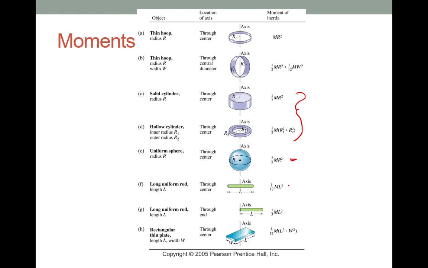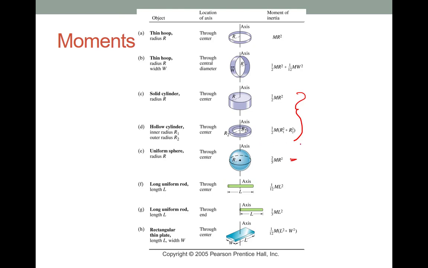And we do one of those two calculations in the next unit. I don't remember which. And lastly, the last one listed there is a rectangular thin plate. Okay. Again, I've been saying unit, but in the next part, we will do 3 of these calculations and get these formulas.